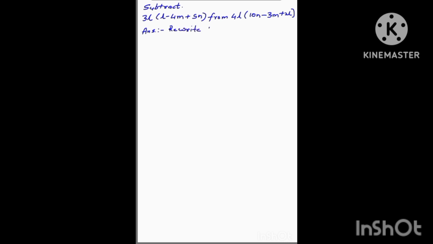We will rewrite these polynomials and try to expand them, or open the bracket. Okay, so I am just rewriting it because these will be on paper and you have to rewrite this in the answer sheet.